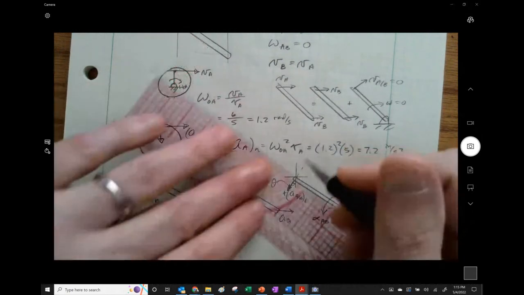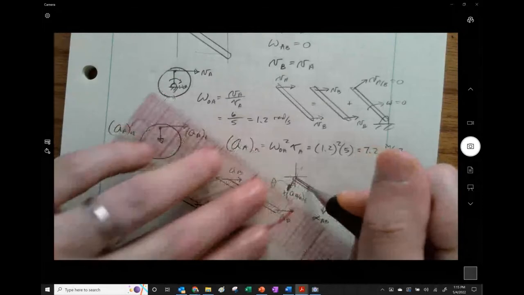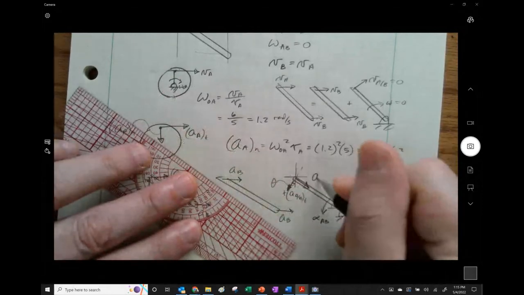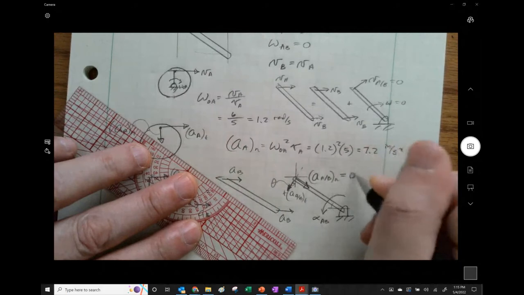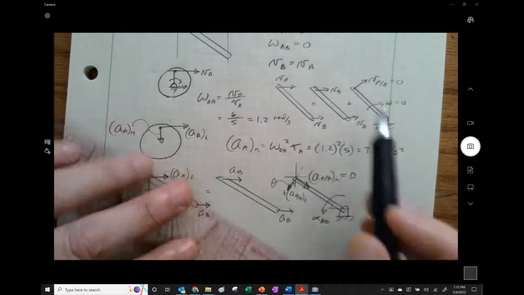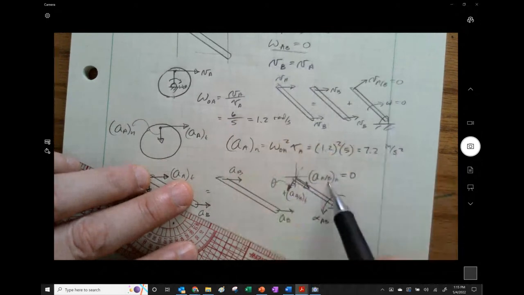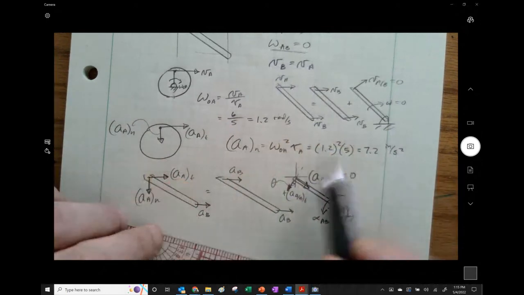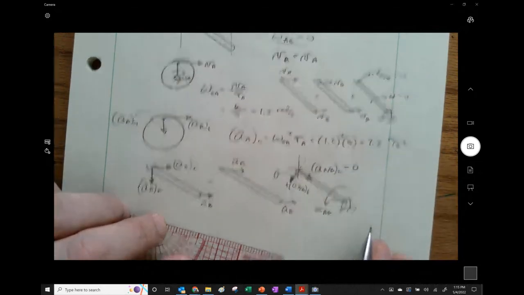There is no acceleration in the normal direction. I'll draw it in here. So we go acceleration of A with respect to B in the normal direction, but that equals 0 because this equals 0, right? And that's the reason why this makes it just a little bit simpler.